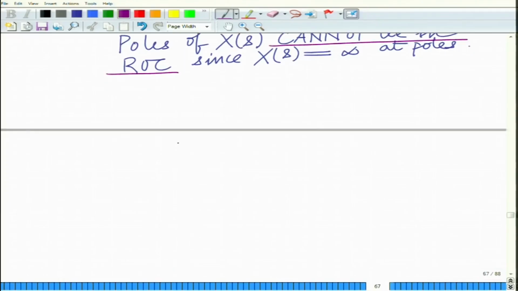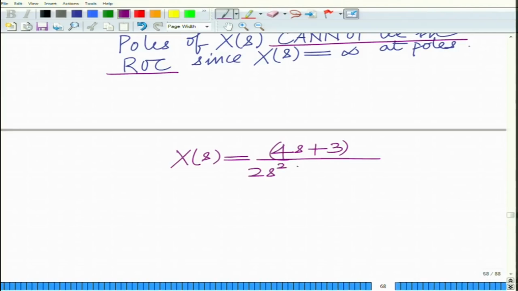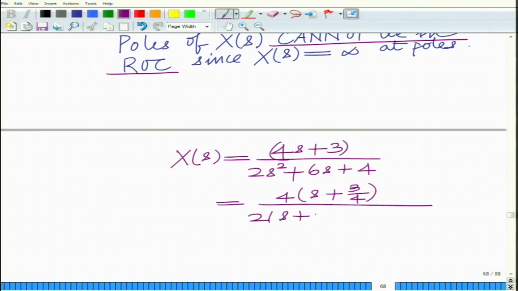Okay. So, I have X(s) equals (4s plus 3) divided by (2s square plus 6s plus 4), which equals 4 into (s plus 3/4) divided by 2 into (s plus 2) into (s plus 1).